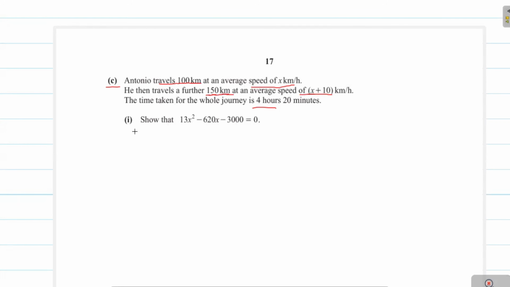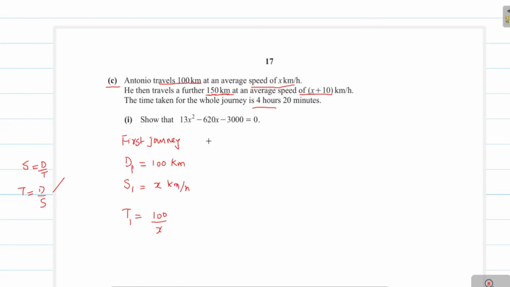See here, in the first journey, the total distance is 100 kilometer and the speed is x kilometer per hour. Now the time expression will be equal to 100 over x. We use this formula, speed equal to distance over time, therefore time will be equal to distance over speed.